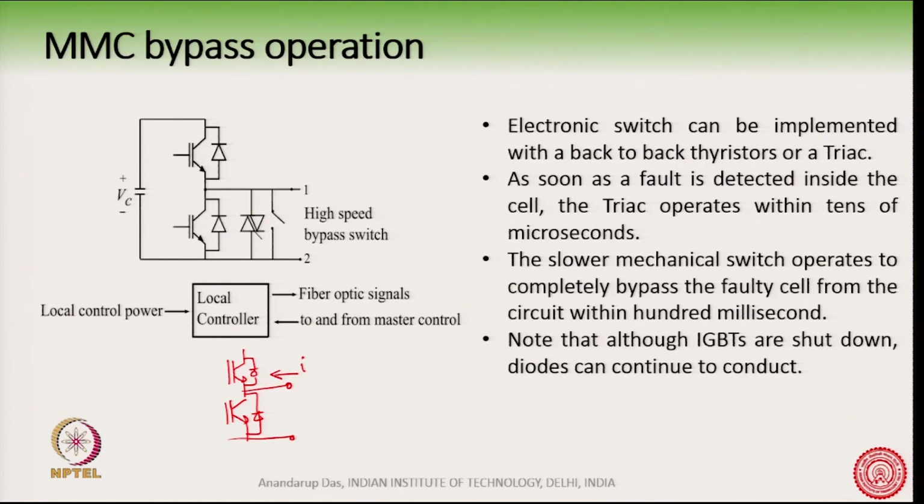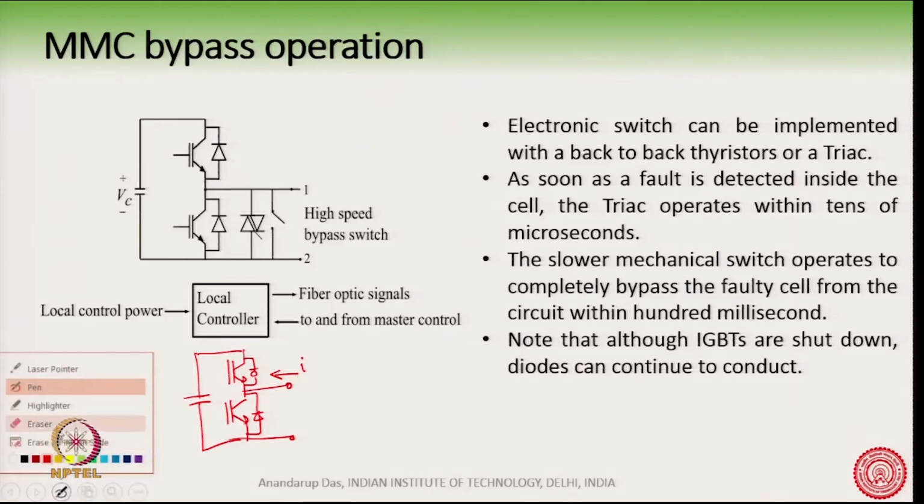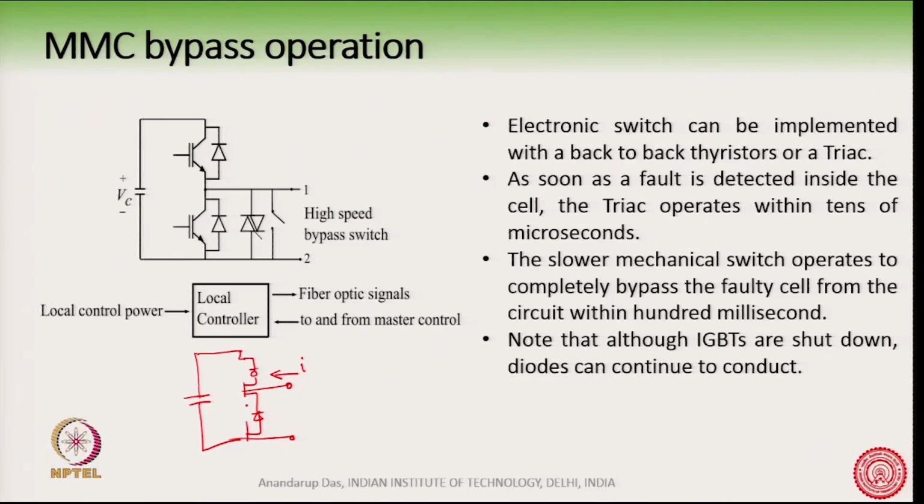If we shut down the IGBTs, then we are removing this and this from the circuit, but the diodes are still present. Here you can see the current will flow through this diode, through the capacitors, and will go out.